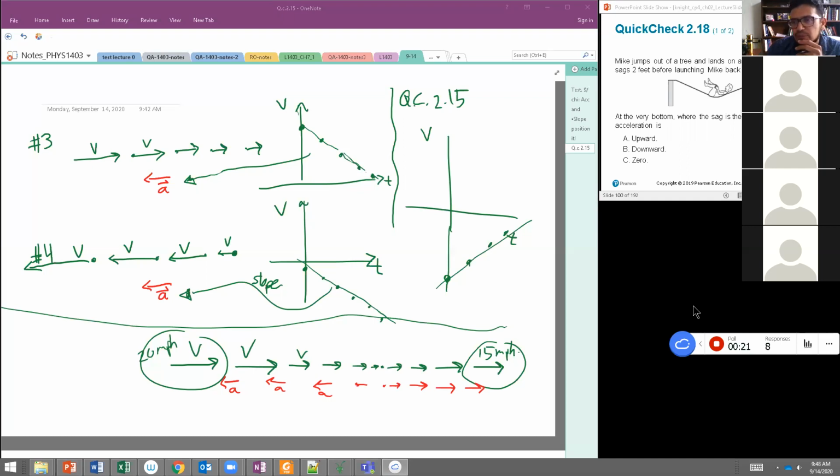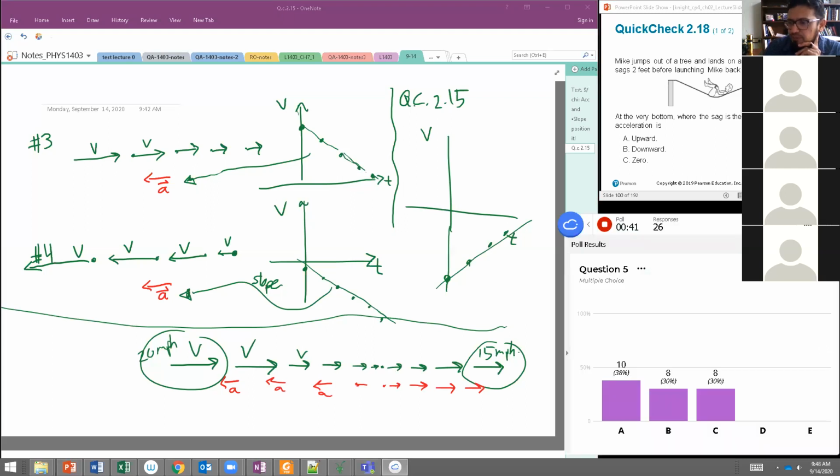So think about what's happening to Mike's velocity. Also think about what is causing the change in the velocity. What is pushing Mike towards that trampoline? And then eventually he's going to move back up.